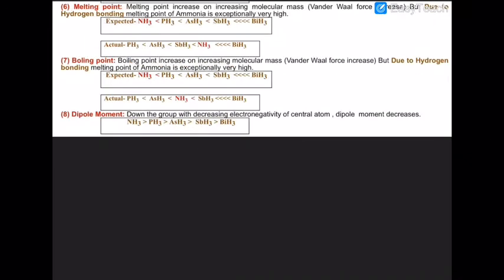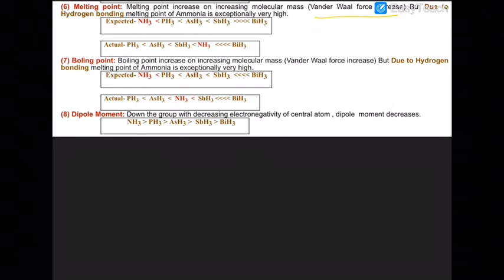Now after that we will discuss the melting point. The melting point increases on increasing molar mass because van der Waals force of attraction increases. But due to hydrogen bonding, ammonia is expected to show the higher melting point. So the expected order is that ammonia must have the lowest value of melting point, but actually phosphine has the lowest value of melting point.